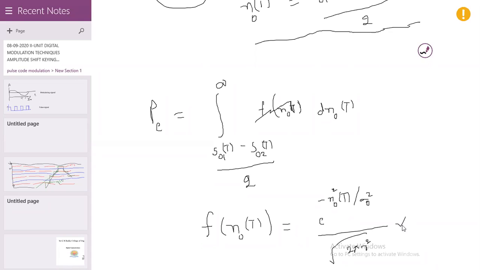So this is the formula for f n naught of t. So now we can substitute this into the above integral. Then we can change that integration in terms of x also. Then we can solve that one.